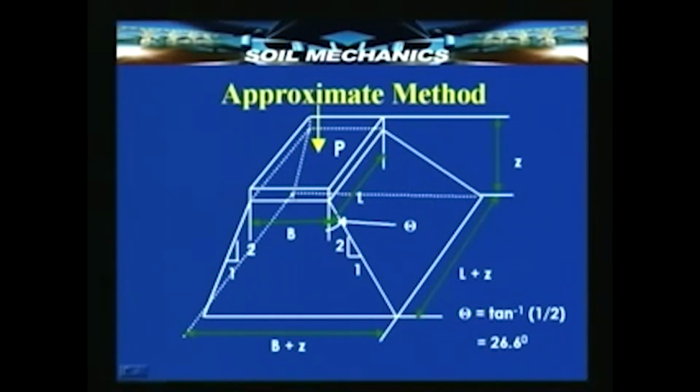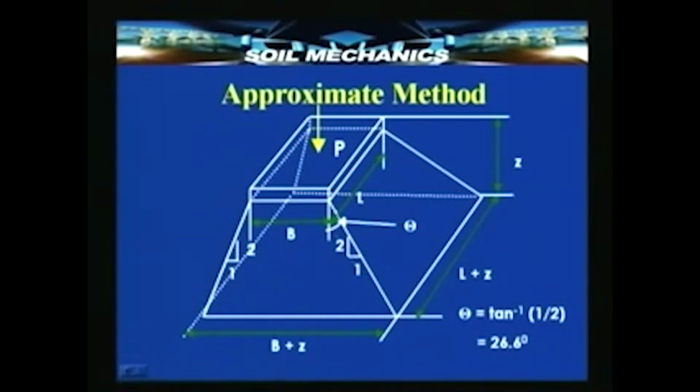Here also there is a distribution line, which means if the area of this foundation is length into breadth, that is L into B, and if we assume for all practical purposes a distribution given by 2 boundaries or 4 boundaries to be more precise, which are all sloping at an angle theta, which has a tangent of 1 by 2, or rather we say that the distribution is along a slope of magnitude 2 by 1.